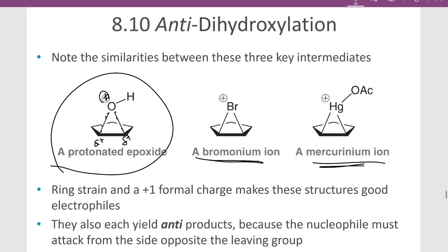And so for the bromonium ion, same thing. That's going to make those carbons subject to nucleophilic attack. And so all of these reactions yield anti-products because the nucleophile has to add from the opposite side because it can't add from the top because it's blocked by that bridging ion.